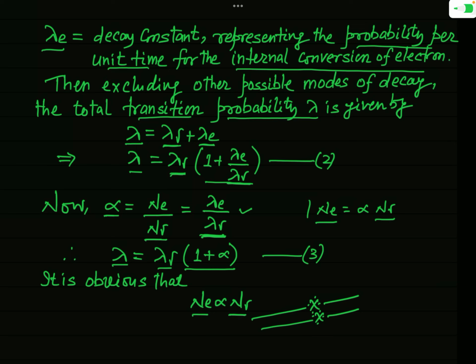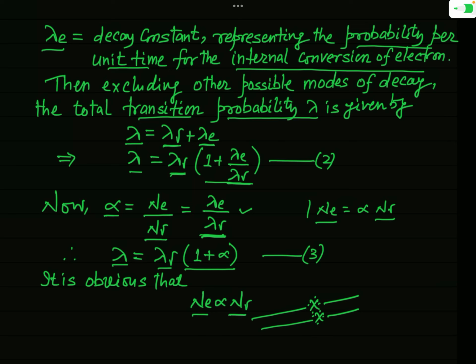It means that when the number of conversion electrons is large, the number of ejected photons will also be large. When the probability of gamma decay increases, at the same time the probability of internal conversion also increases.